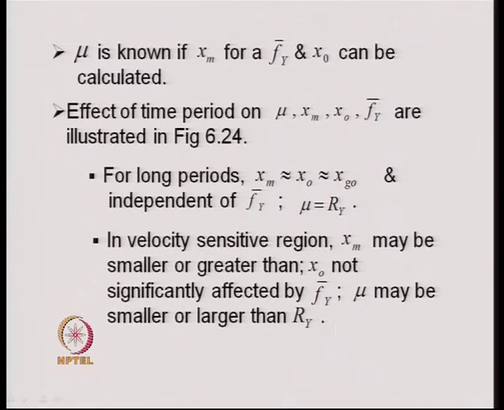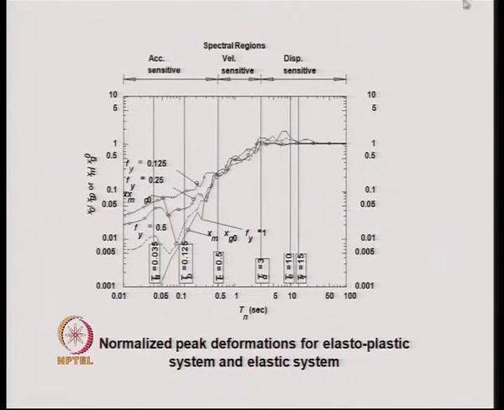We can see again from the curve that this is the velocity sensitive range, the in-between region from here to here, and in this range the value is again not very sensitive to f bar y, and ductility can be less or more for different values of f bar y. And this range is the acceleration sensitive range.